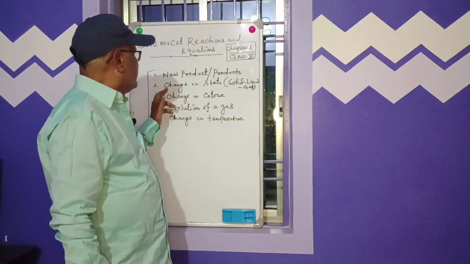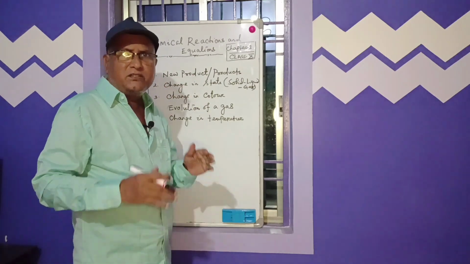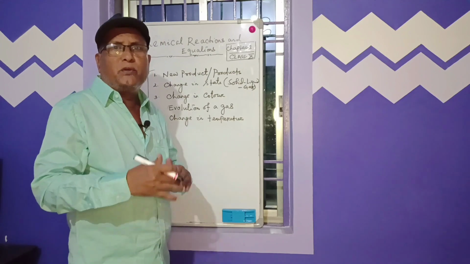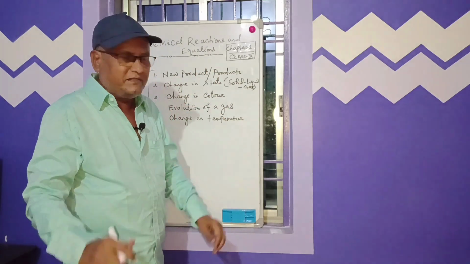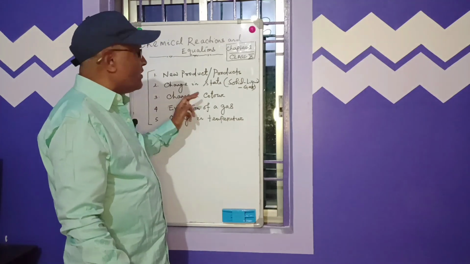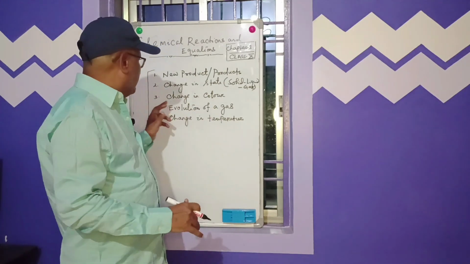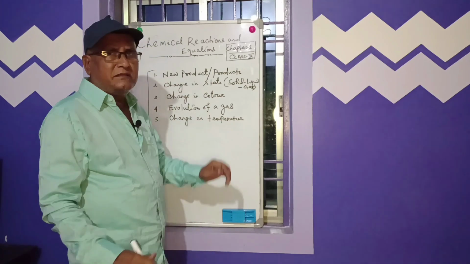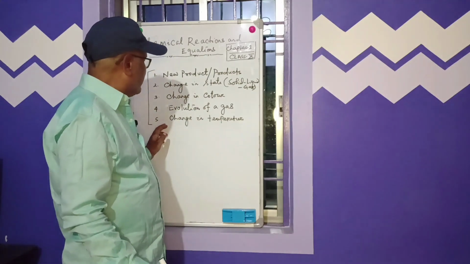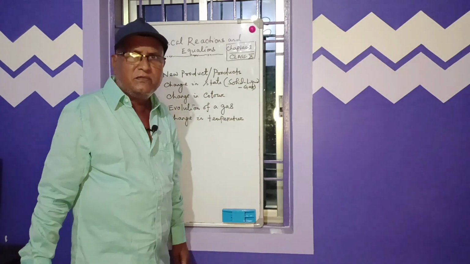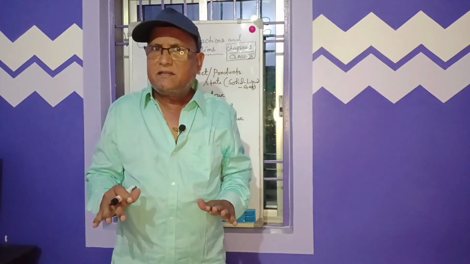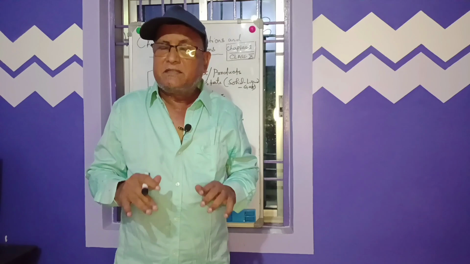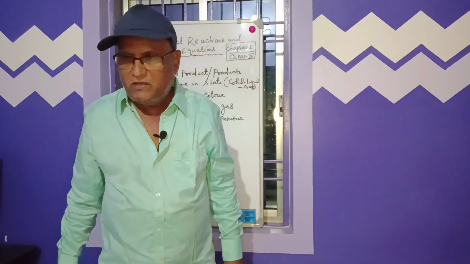Number 2, change in state, that is solid to liquid or liquid to gas, that is change in state of matter or state of substance. Then change in color, then evolution of a gas, then change in temperature. These are the observable changes that take place during a chemical reaction.